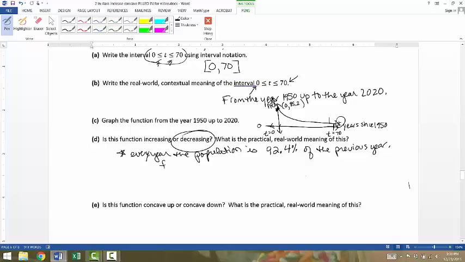Now remember, in an exponential function, factor equals 1 plus rate, the percentage rate. Or you could say factor minus 1 is equal to the percentage rate. So in this case, 0.924 minus 1 is your percent rate, which is negative 0.076 or negative 7.6%. It's saying every year the population decreases by 7.6%.